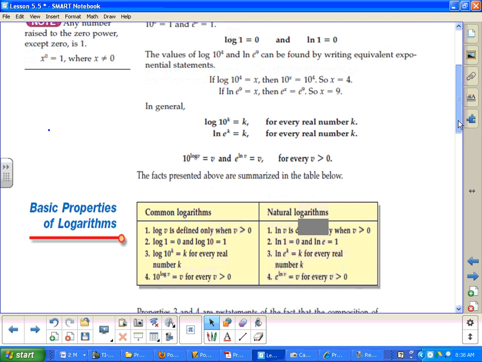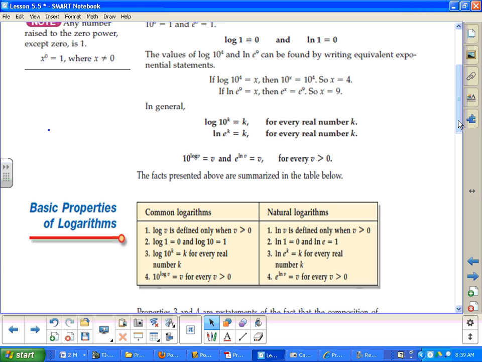One of the basic ones here: if we have the log of 10 to the power of k, it equals k. Natural log of e to the power of k also equals k. We actually did problems that utilized that yesterday.